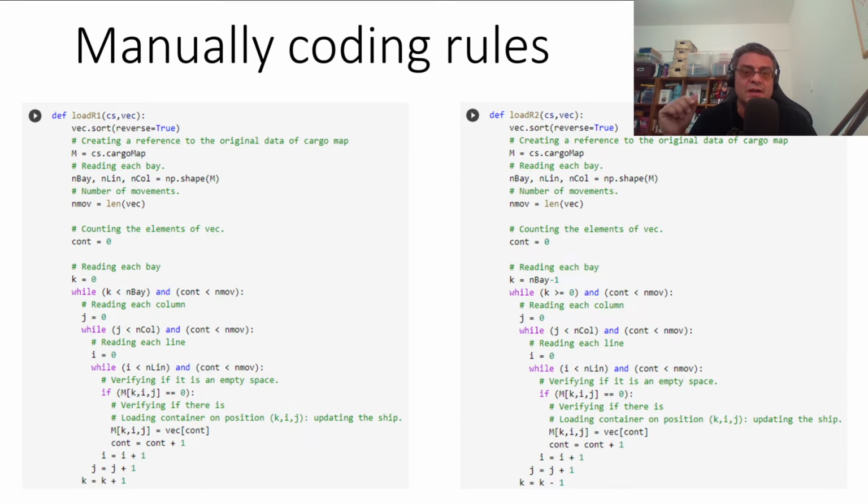Also, we made a very detailed coding of the rules functions. This could be avoided in a future track, track number 8, where we will show how you could avoid this.